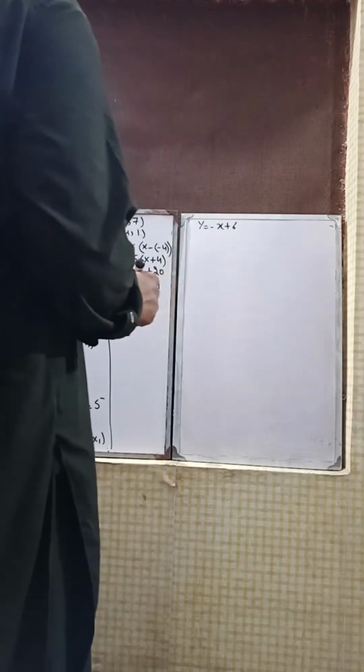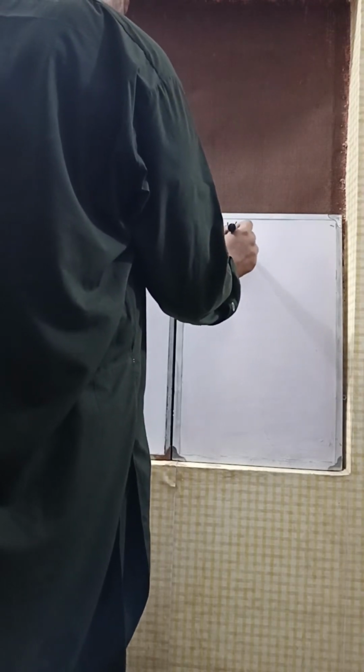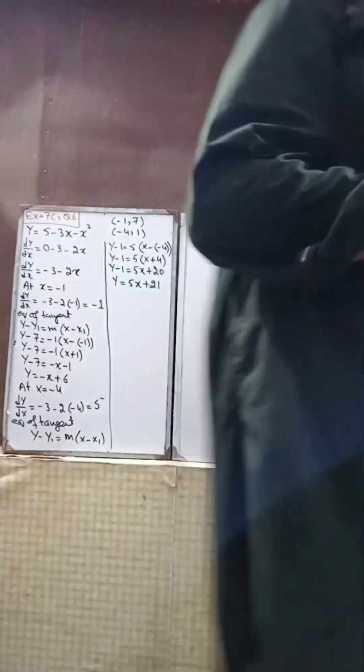Tangent number 1 has the equation y equals minus x plus 6, and tangent number 2 is y equals 5x plus 21. So these are the two equations. I have to solve them simultaneously. These two are both equal to y, so we will make them equal to each other.